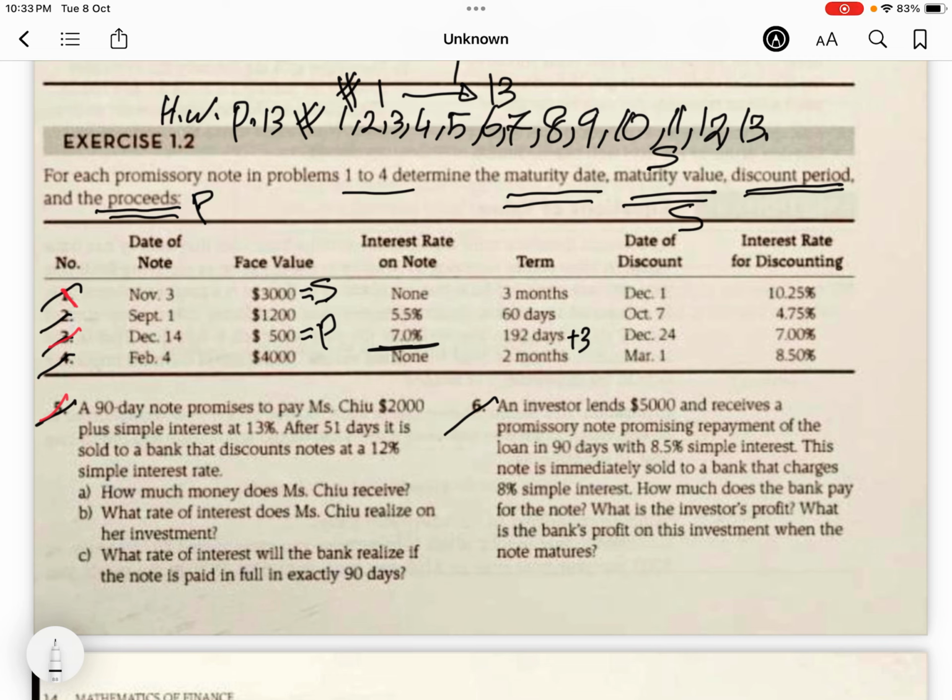How much money does Mrs. Chewy receive, and what rate of interest does Mrs. Chewy realize on her investment? What rate of interest will the bank realize if the note is paid in full in exactly 90 days?